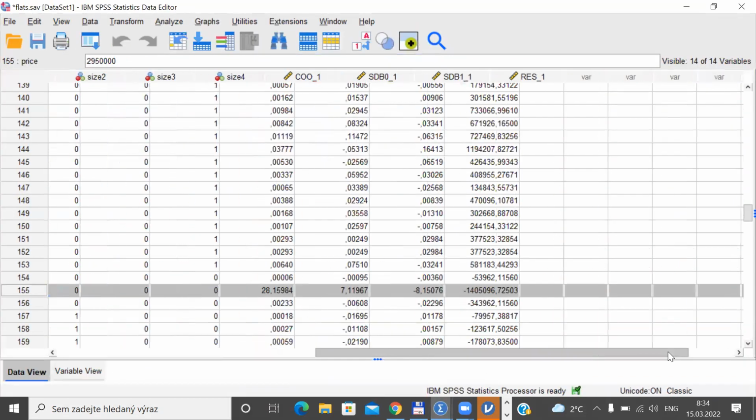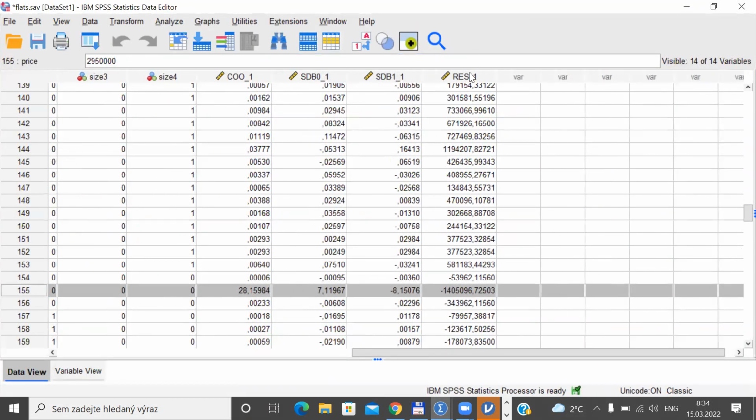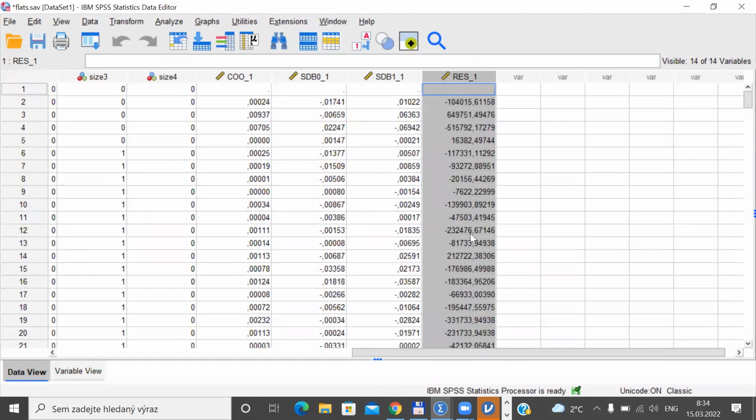If I go once again back into my data matrix, here we have the values of unstandardized residuals. Once again, these are, I would say, mistakes in my prediction for individual flats. So sometimes I'm below, sometimes I'm above the real value. And if I would like to compute Glejser's test, once again, you can go back into the last presentation.